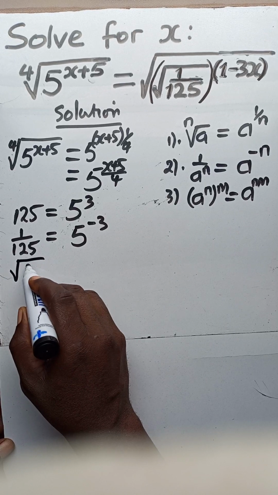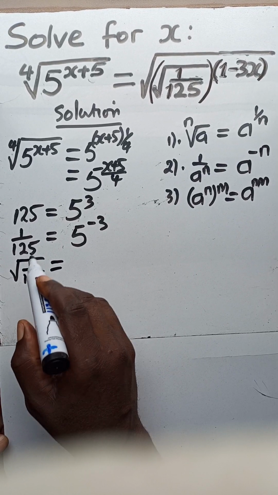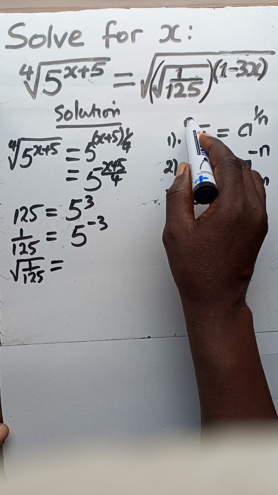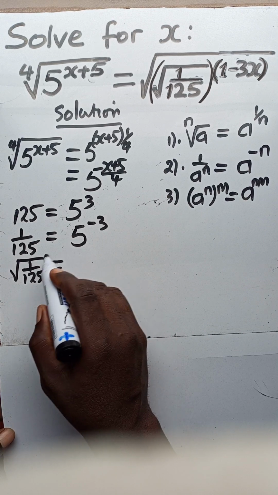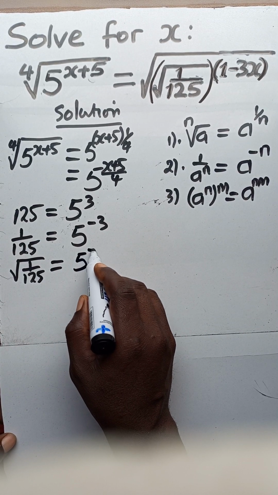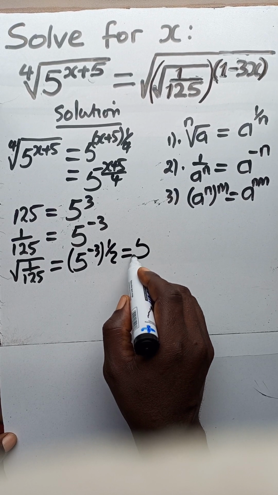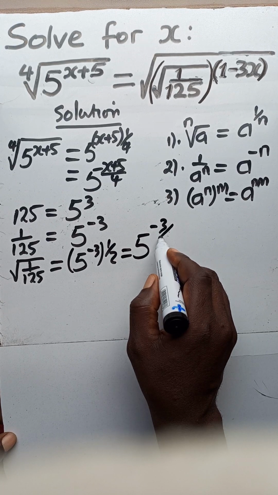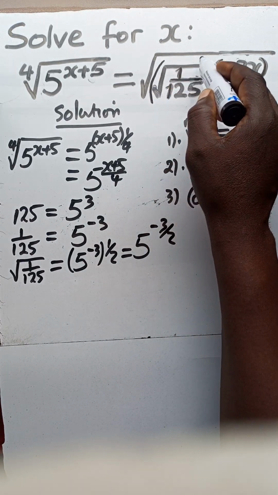The square root of 1 over 125, remember, n here is 2, simply means power 1 over 2. So it becomes 5 to the negative 3, to the power half, which is simply 5 to the negative 3 over 2.